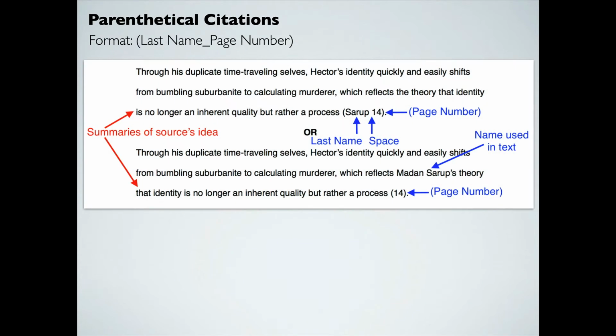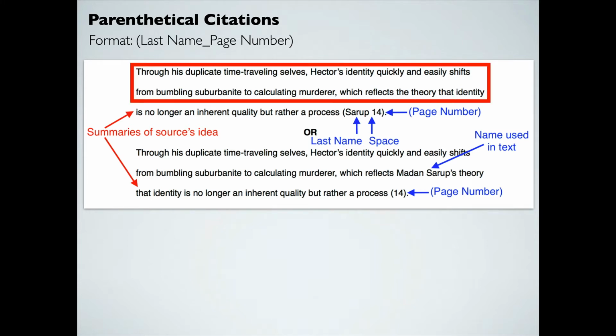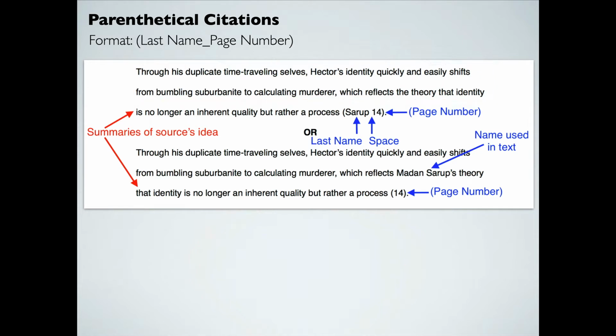In these examples, the writer is summarizing the ideas found in a book by Maidan Sarap. In the first example, the first part of the sentence is the writer's original idea. Through his duplicate, time-traveling selves, Hector's identity quickly and easily shifts from bumbling suburbanite to calculating murderer.